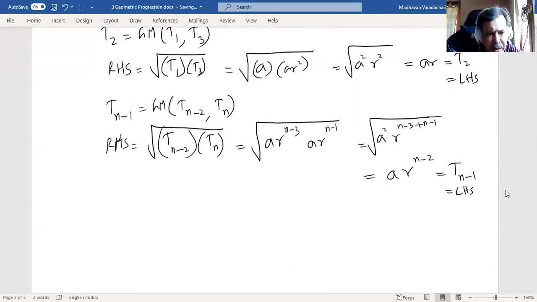Then next we'll see the infinite geometric series.